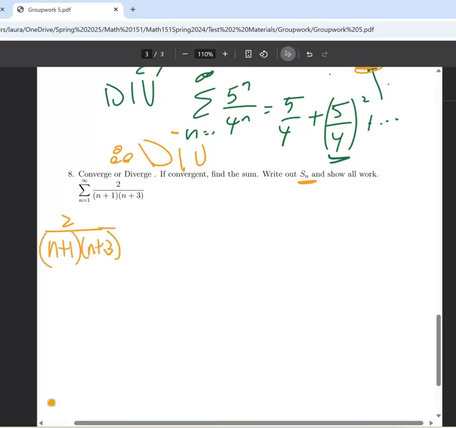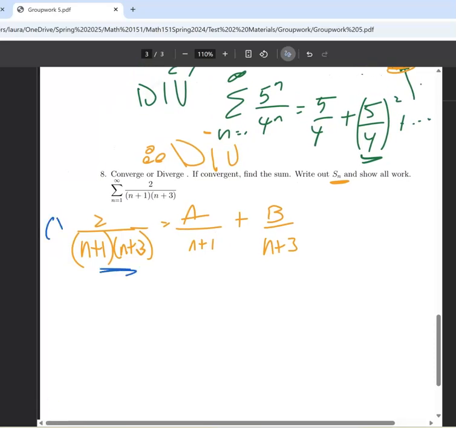N plus 3. So I get A over n plus 1 plus B over n plus 3. I guess I don't really need parentheses there, right? Okay, so I'm going to multiply both sides by this denominator.